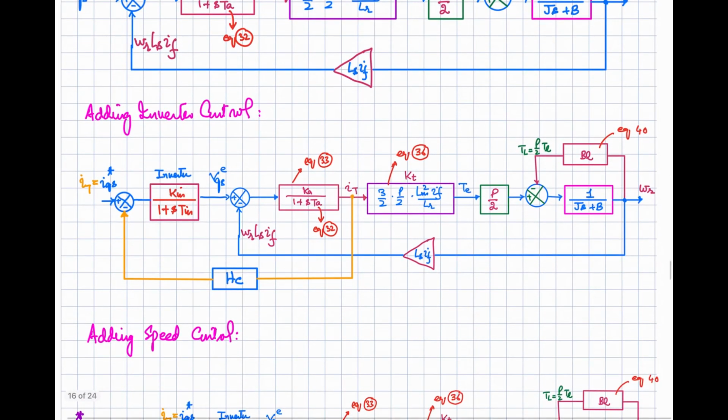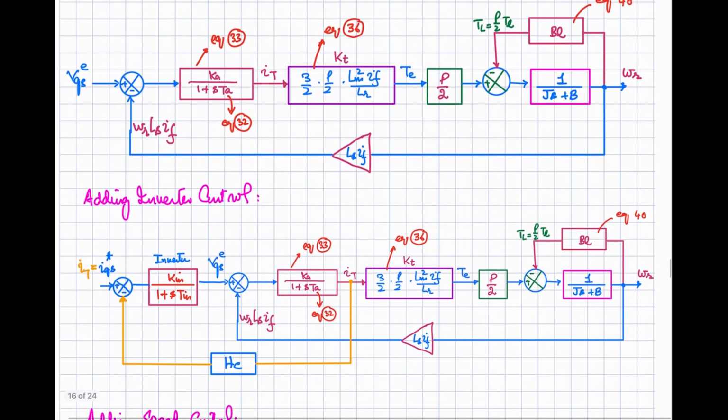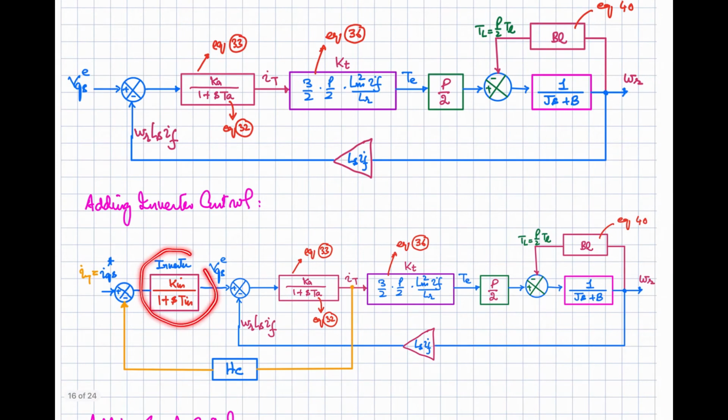In order to control that voltage, we need to insert the inverter in this loop. So here you can see the transfer function of the inverter that is added over here, because this VQS will be applied by the inverter, and this will be getting the difference, the error, of the currents.